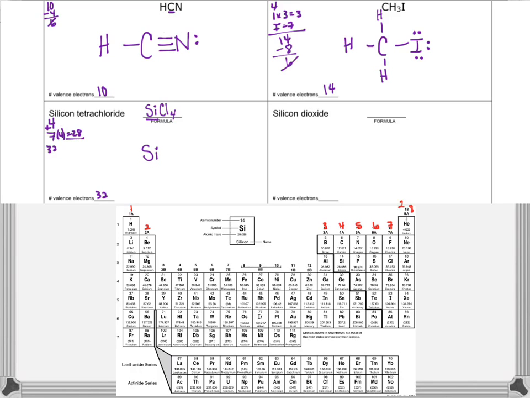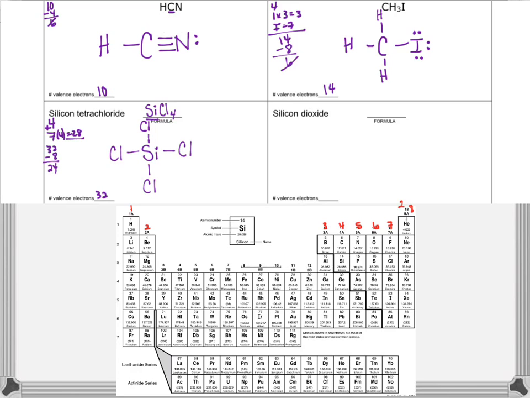Okay. Next step, I'm going to bond all of the other atoms to the central atom using single bonds. So I've done that. Okay. My next step is fulfill the octet rule for all other atoms. But so far I've used up 8 valence electrons. So I end up with 24, I'm sorry.